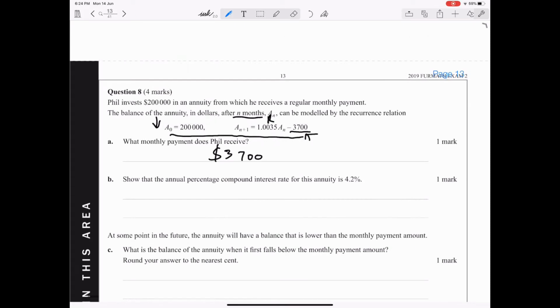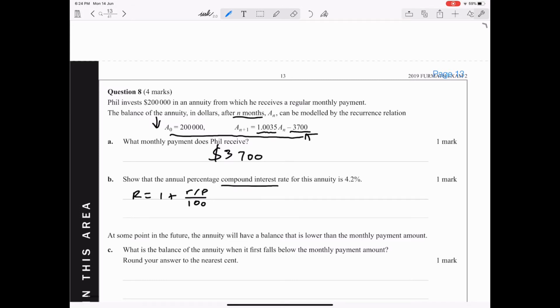8b, show that the annual percentage compound interest rate for this annuity is 4.2%. So to do this, we know that the value of R is 1.0035, and we know that the formula for R is 1 plus little r divided by compounding periods on 100, because it says in the question the annual percentage compound interest, so we know that compound interest is present.